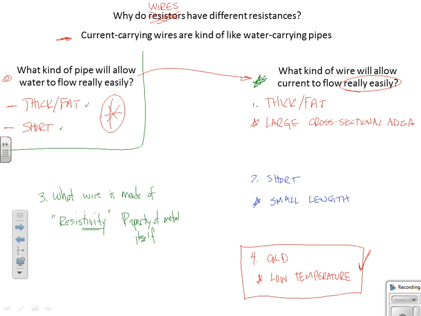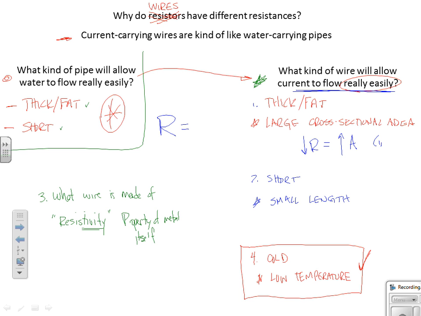Okay? Now, let's talk about actual relationships. We want to talk about how we calculate the resistance of a conductor. All right? So there's an equation for resistance. This says, for current to flow easily, that means small resistance, right? So small resistance equals big cross-sectional area.